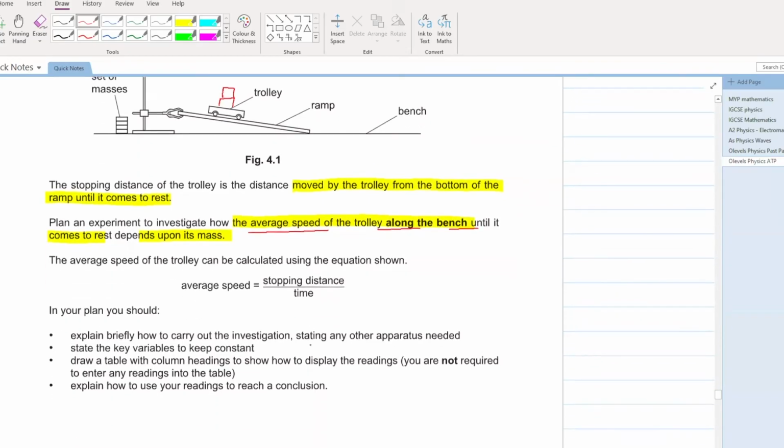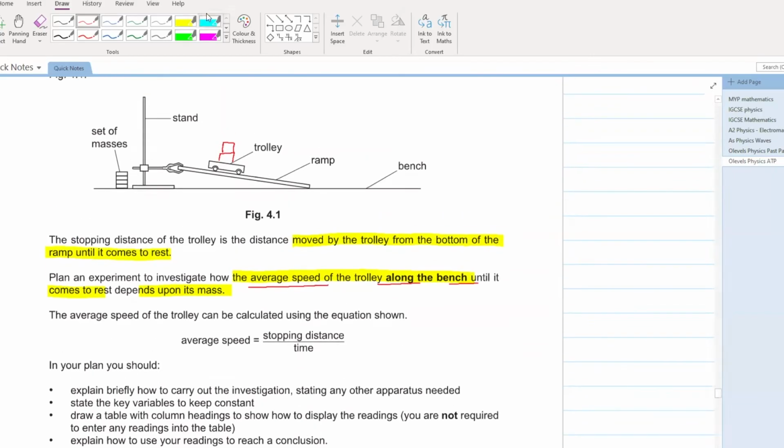Explain briefly how to carry out the experiment, stating any additional apparatus needed. I can already see some additional apparatus that I will need. First of all, the stopping distance that you will measure at the bottom of the ramp, you will need a meter rule for that. Secondly, you also need a stopwatch to measure the time.